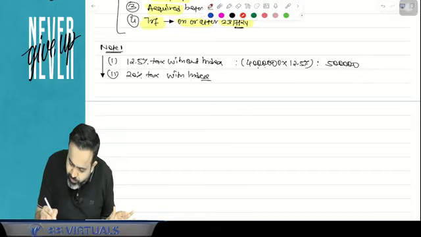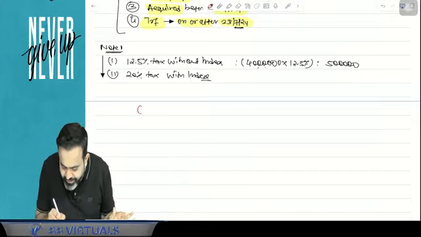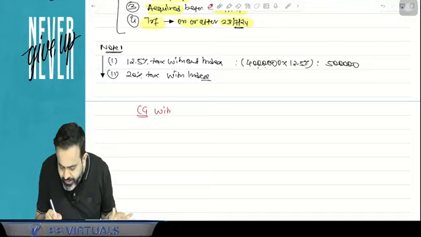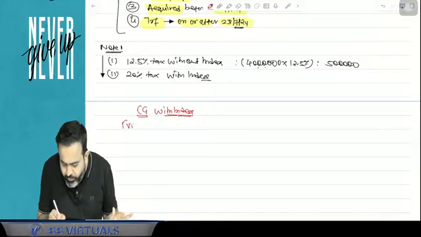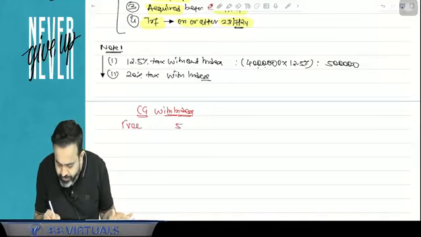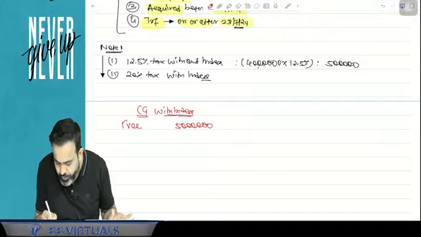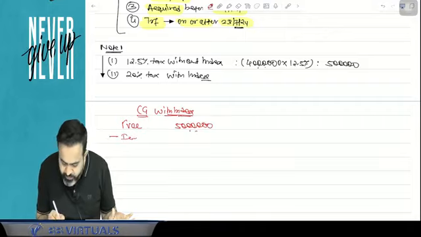So here I will calculate the capital gain with indexation. Your full value of consideration is 50 lakh rupees.